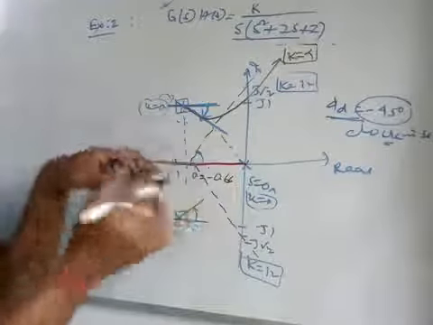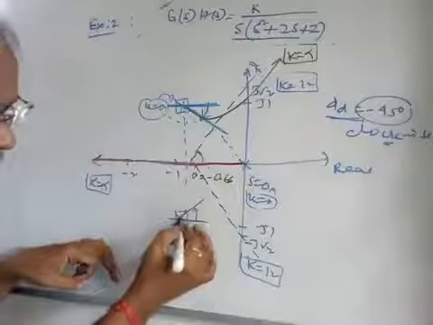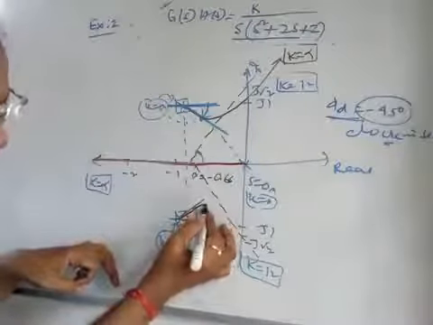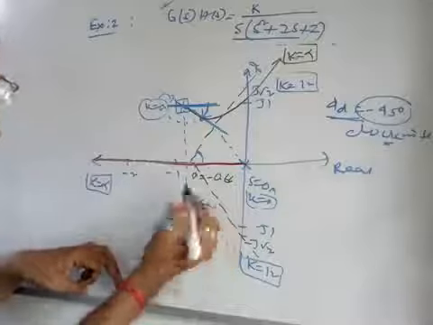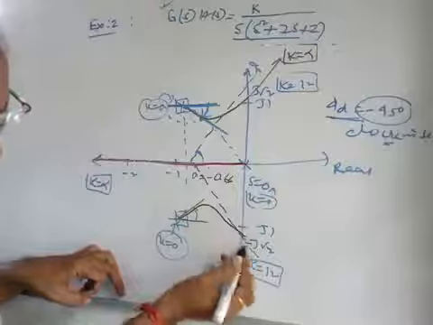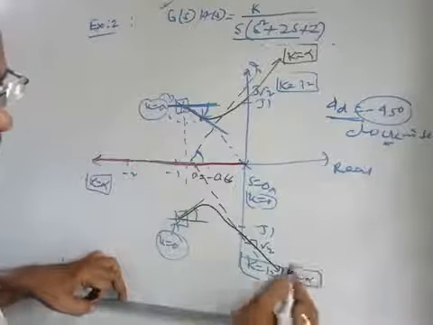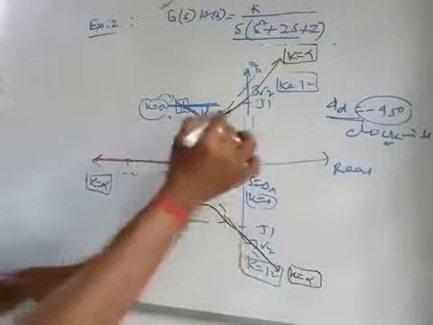The root locus branches are symmetrical about the real axis. So this branch will originate from here, there is a bend according to requirement, and it goes through the j omega axis to infinity with k equal to infinity, and this arrow is a must.